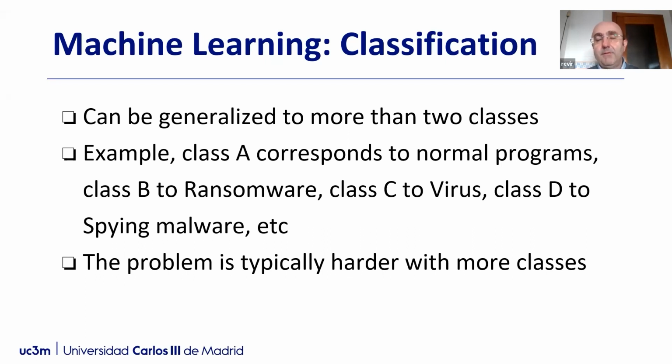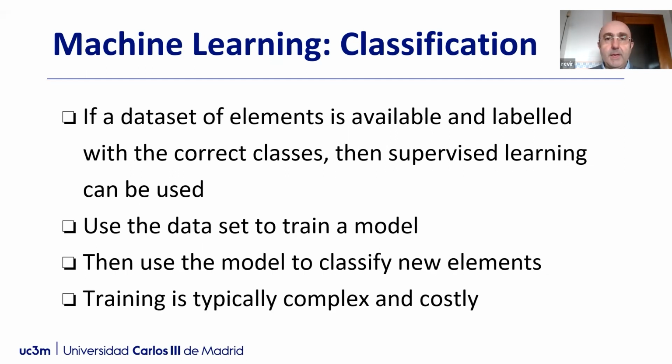For this classification, many algorithms have been proposed over the years, and they are continuously posing challenges and improving. So how can we do this? Typically, we will focus on supervised learning, and in supervised learning, you are given a data set of elements with the correct labels. So I'm given, I don't know, 100 pieces of code that are normal code and another 100 that are malware, and I use that to build my classifier.